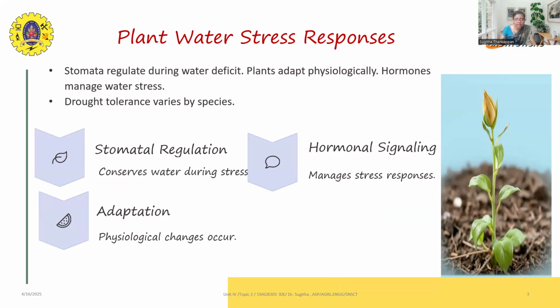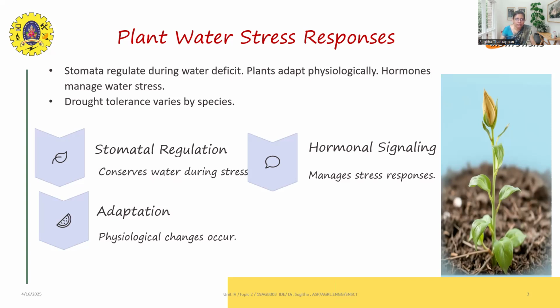Among these three categories, capillary water, which is against gravity, is available to the plant system. When the capillary water is not available in the soil, the plant undergoes stress. This stress in the plant is managed by several inherent mechanisms of the plant.